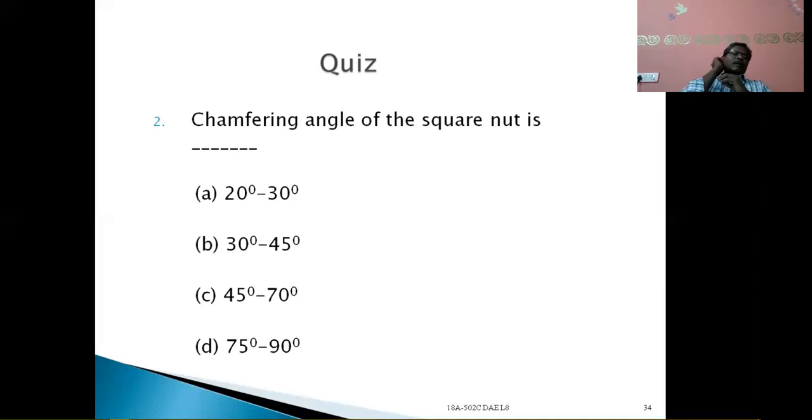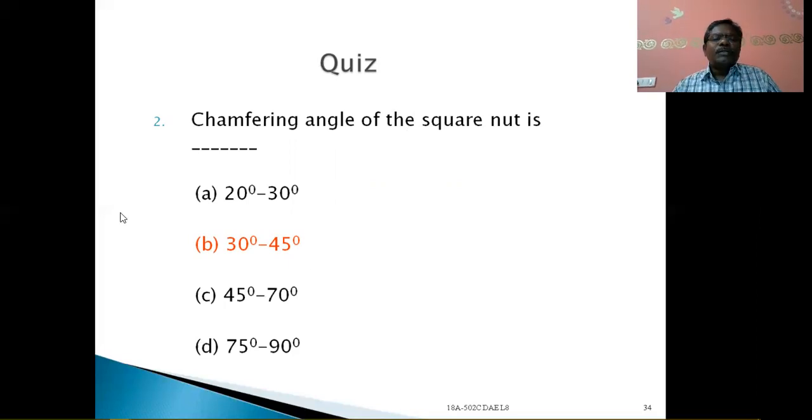Actually, that may be the 30 degrees, but it is there in the option A also, and it is there in the option B also. Whether the 20 degrees to 30 degrees is right answer, or whether the 30 degrees to 45 degrees is right answer. Let us see the chamfer angle of the square nut. So 30 degrees to 45 degrees is the right answer.